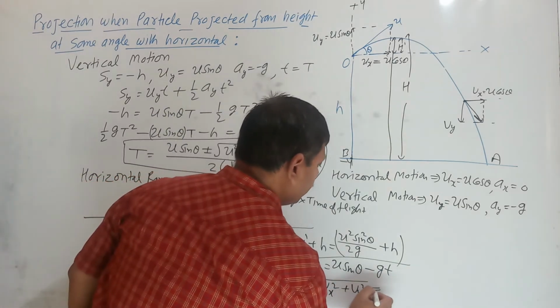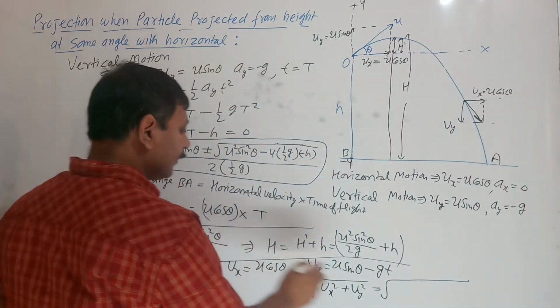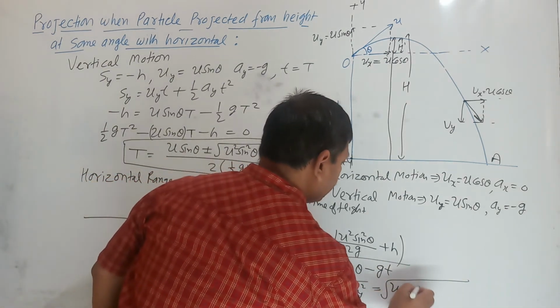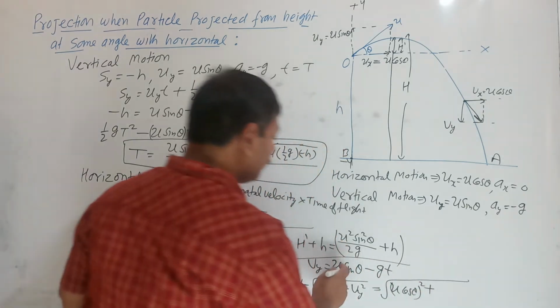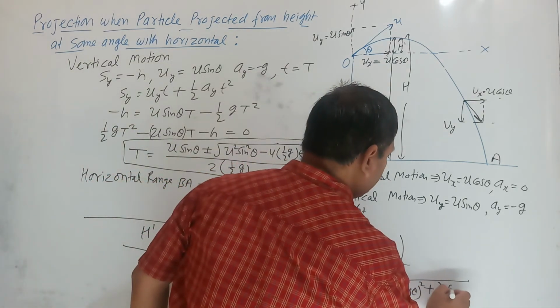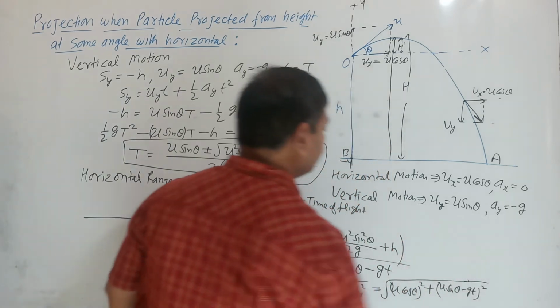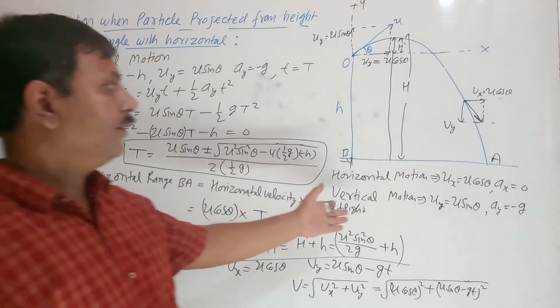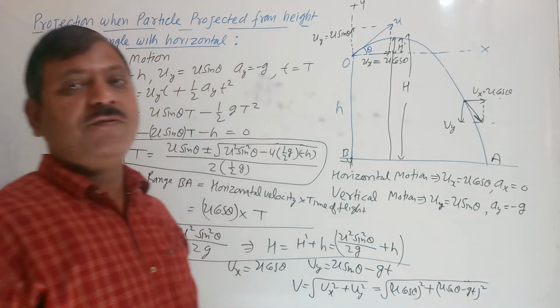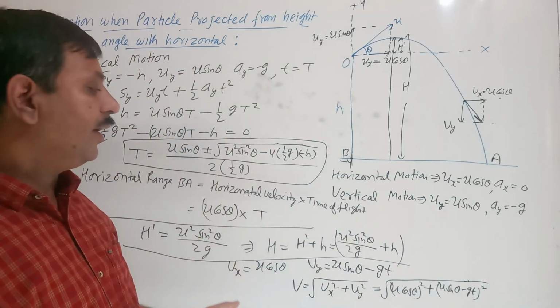So this will come as under root of u cos theta whole square plus u sin theta minus g t whole square. By this method we can find the velocity at any instant.